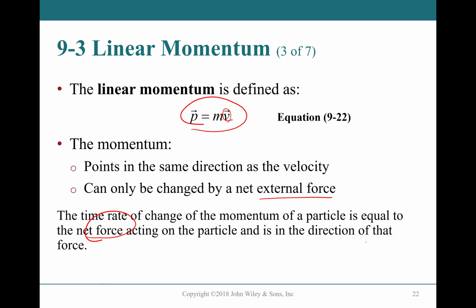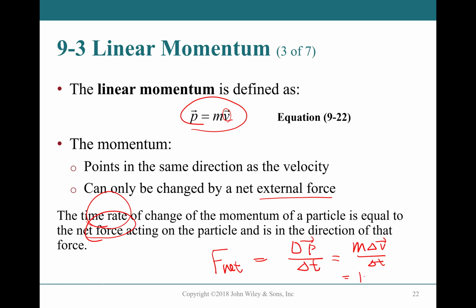So basically, our net force will be equal to the change of momentum divided by the time, the time rate of change. So force will be equal to delta p over delta t. Why is that? It's because the force is m delta v over delta t. What is delta v over delta t?